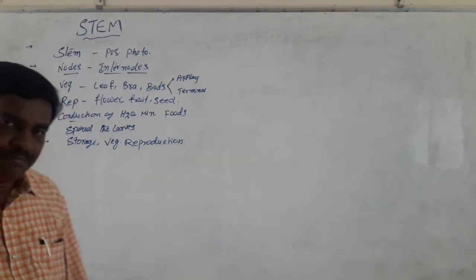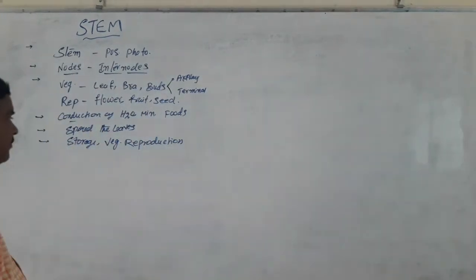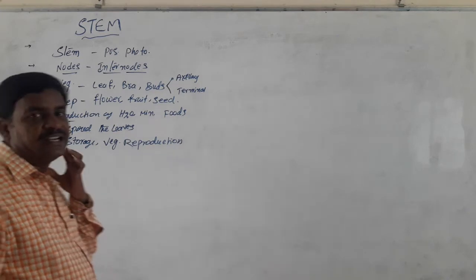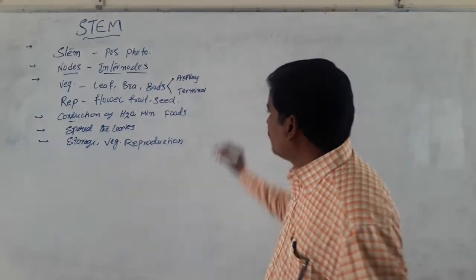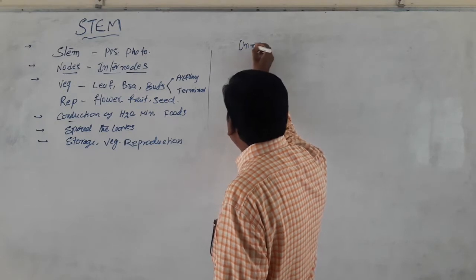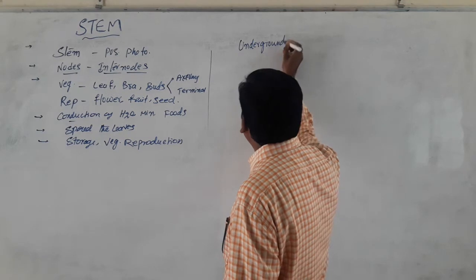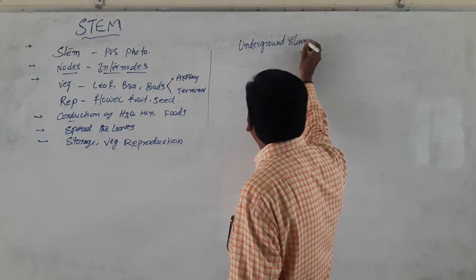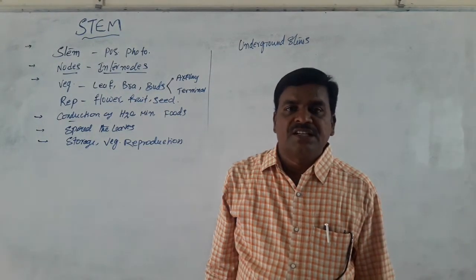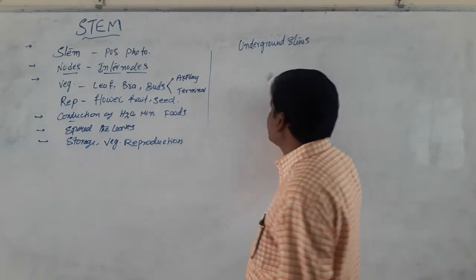Generally, stems are of three types. One is underground stems. These underground stems are present internal to the ground, inside the soil, in some members.